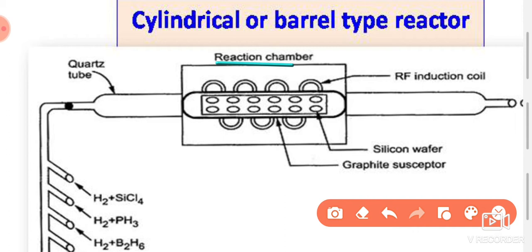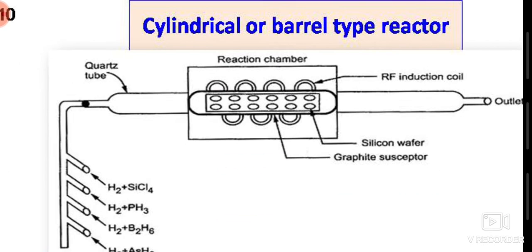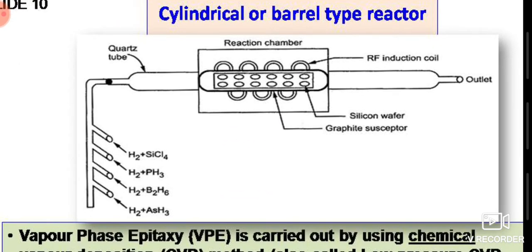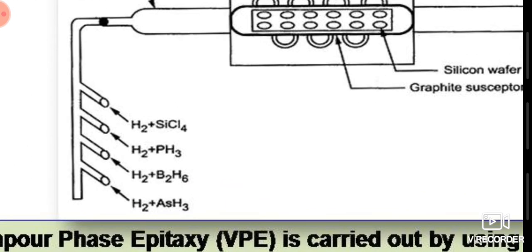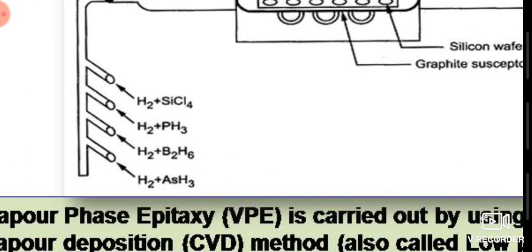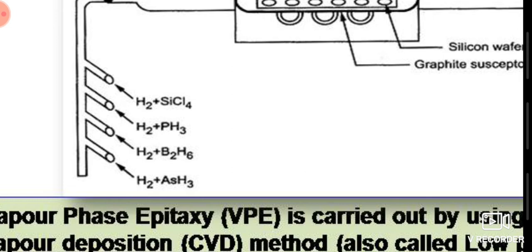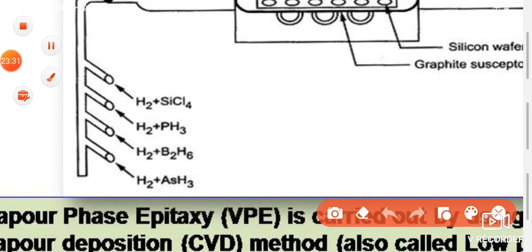After this, you can see that there are 4 different gas inlets. Why are they shown here? In the present case, our main objective at this moment is to grow an N-type silicon layer over the silicon substrate.